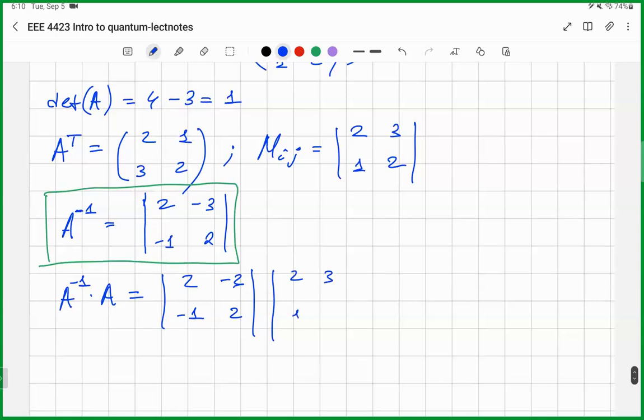Just to remind you that the way we take the matrix product is row by column, row by column, row by column.